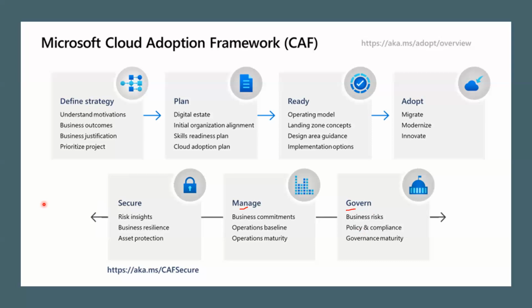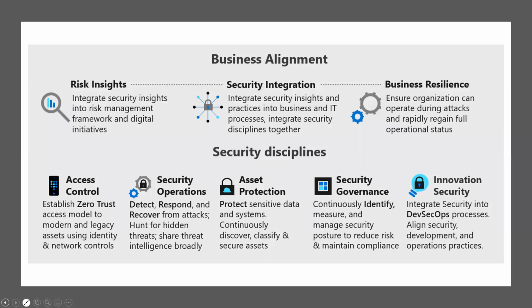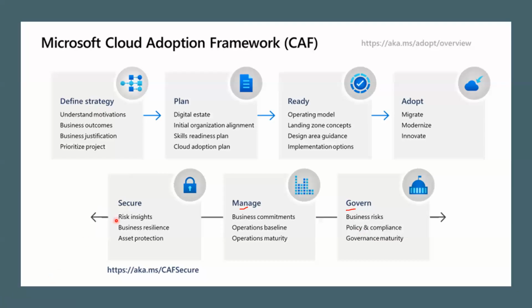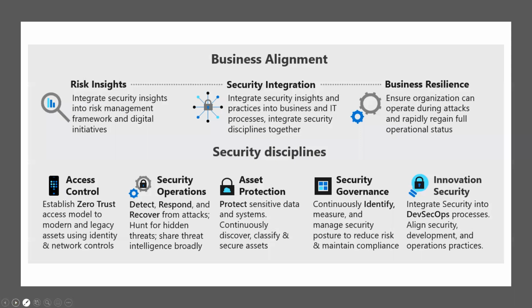Now, our topic is not CAF, of course, but the security requirement as per the business goals. And as a security architect, the secure methodology of the Cloud Adoption Framework is something we are interested in and would like to explore a little further.